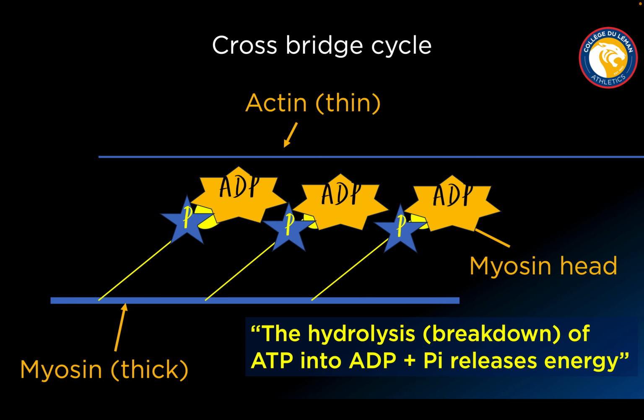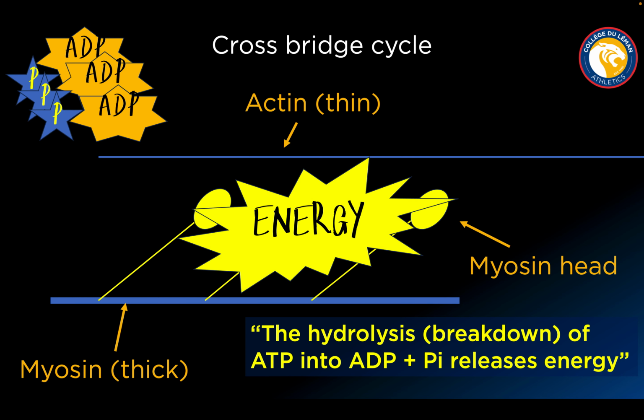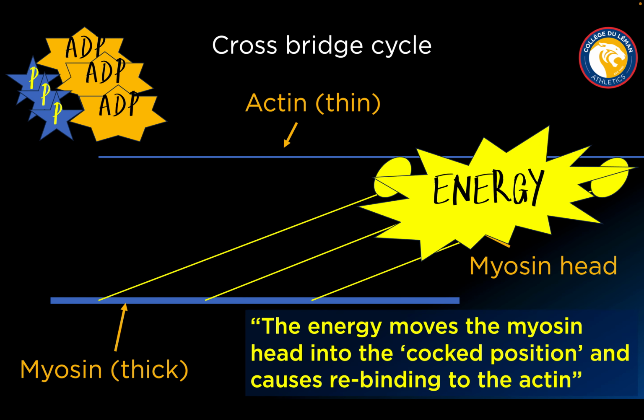It's released that energy, creating ADP and those phosphates, and that energy allows the myosin head to go back and grab that actin again. So it's a little bit confusing because normally we'd think the ATP causes that actual power stroke, but the myosin heads deal with that. The energy gets the myosin heads back to where they started again.